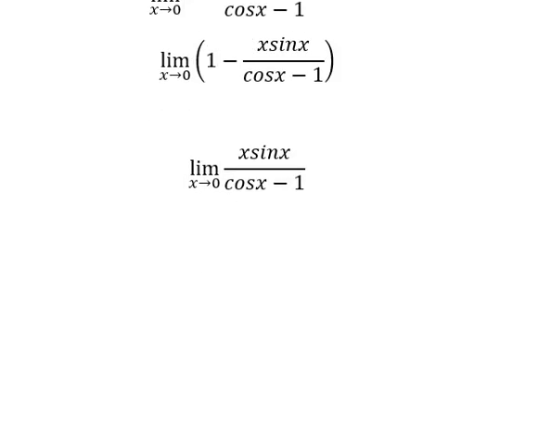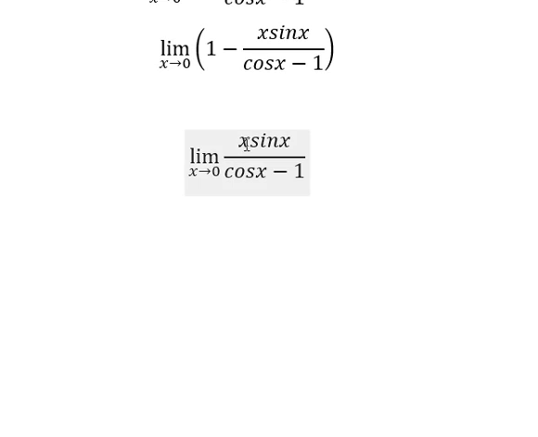If I put number 0 going here and here, this one you get number 0. Cosine of number 0, we have number 1. Number 1 minus number 1, you get number 0. So we have 0 over 0. So we can use L'Hospital.